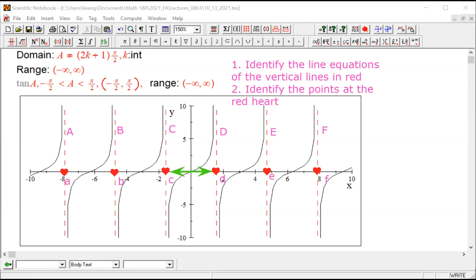Let me write it down for you. This heart at the C is negative pi over 2, comma, because it's sitting on the x-axis, the y coordinate is 0.